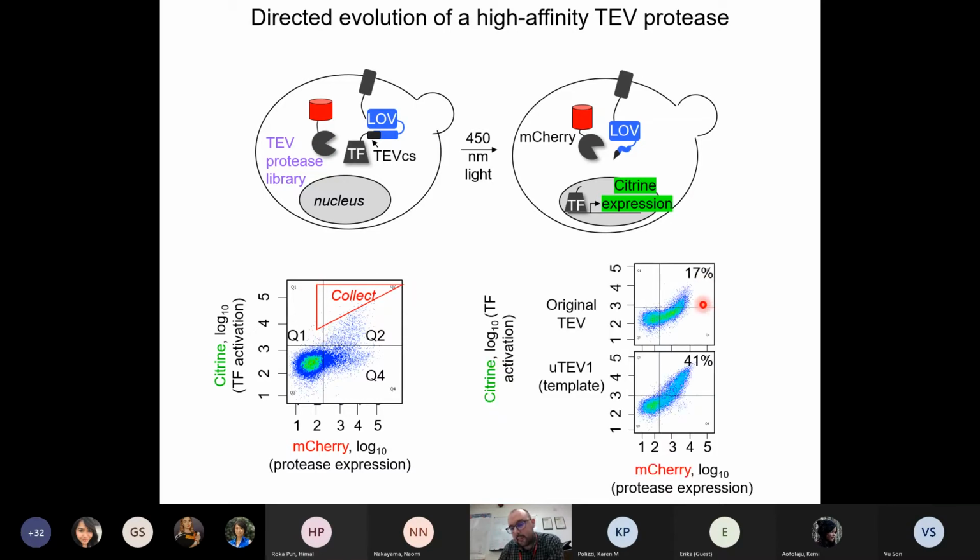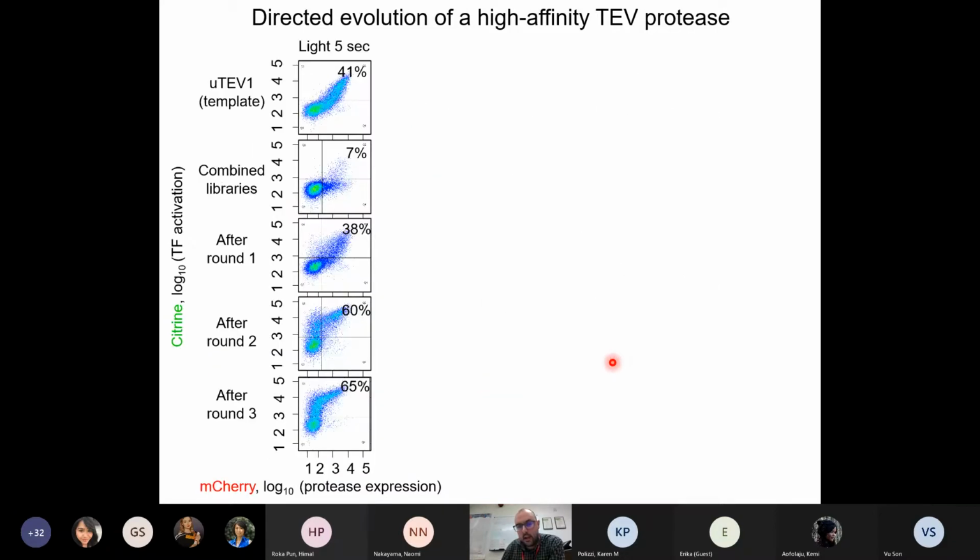Here you can see a comparison between the wild-type TEV protease and the one that has my favorite mutation, and there is a huge increase, but I'm going to use this as the starting template. Again, after 3 rounds of directed evolution, you can see a huge increase in the signal that is related with the release of the transcription factor.